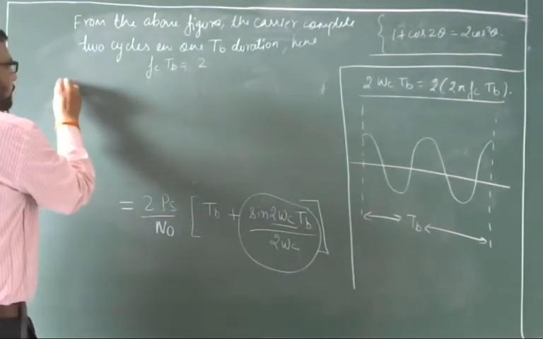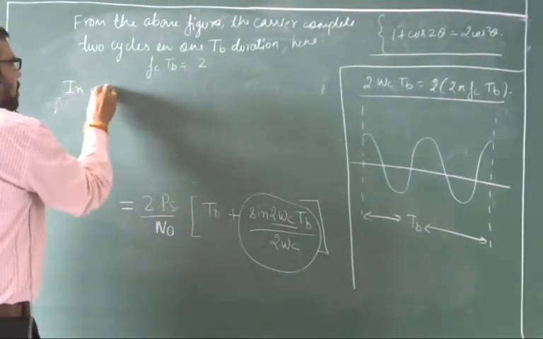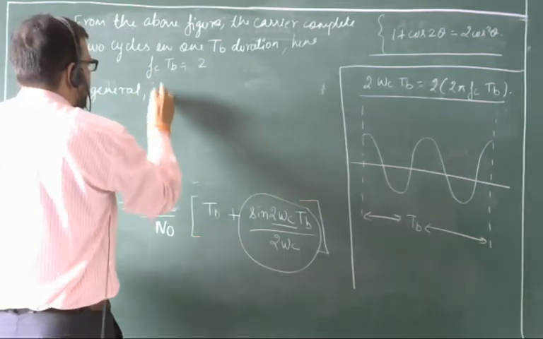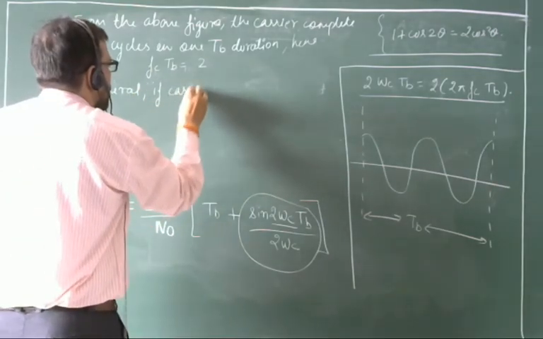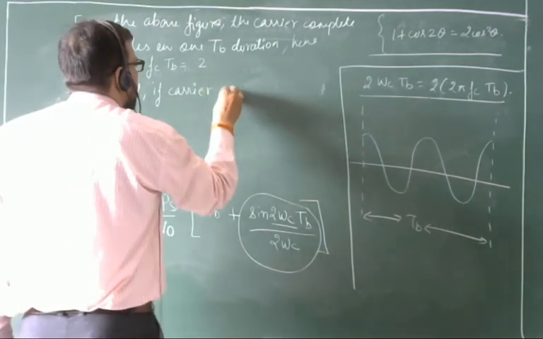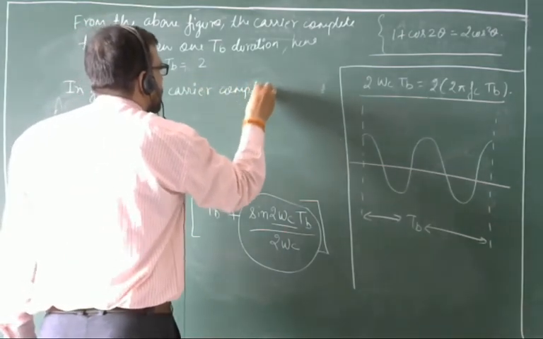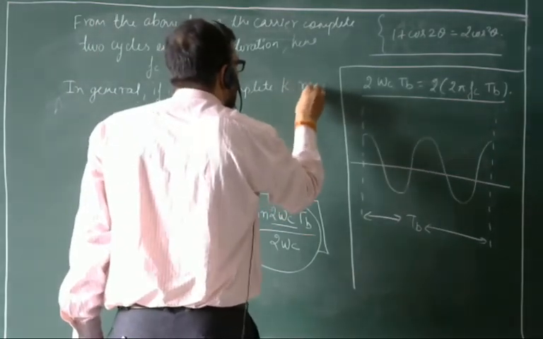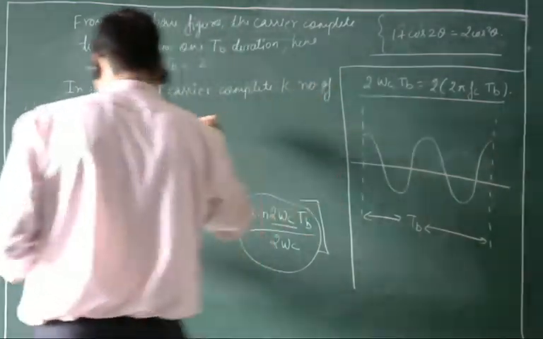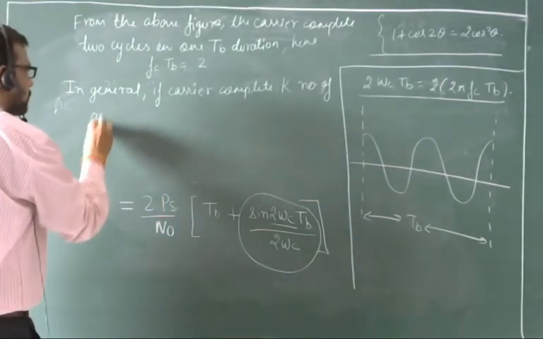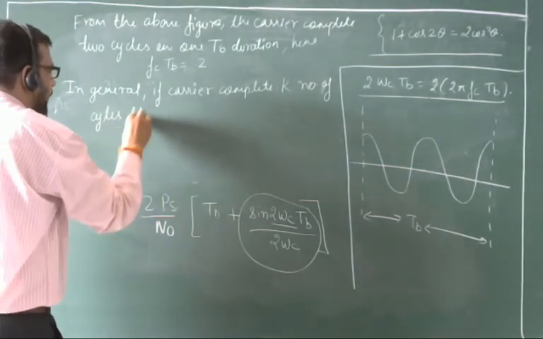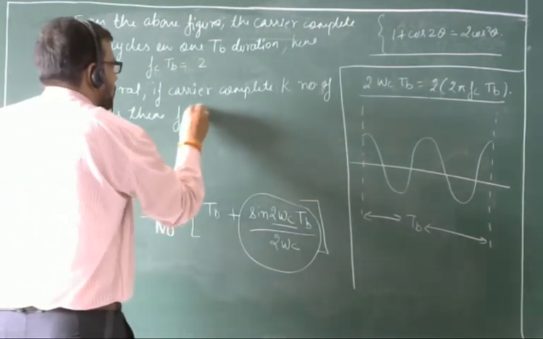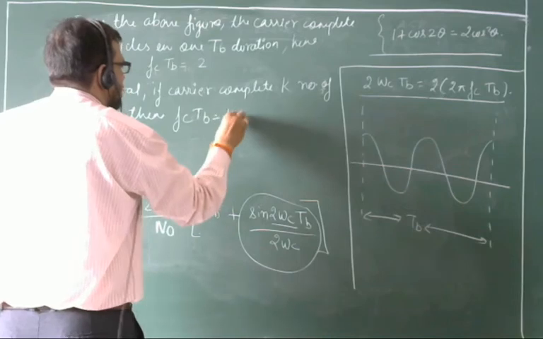In general, if the carrier completes k number of cycles, then Fc into Tb is equal to k.